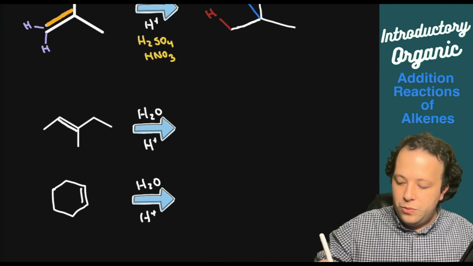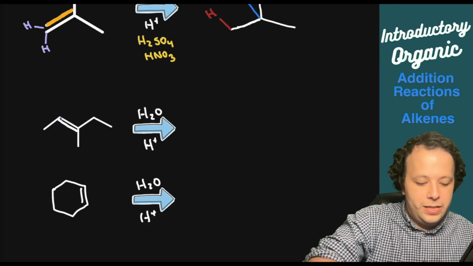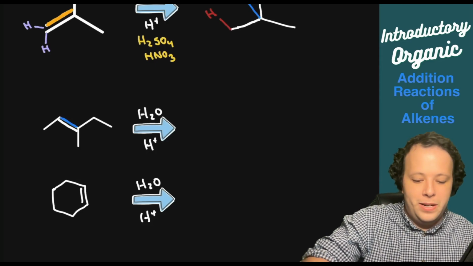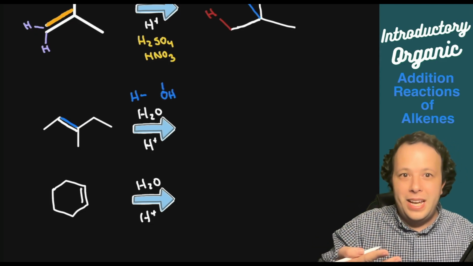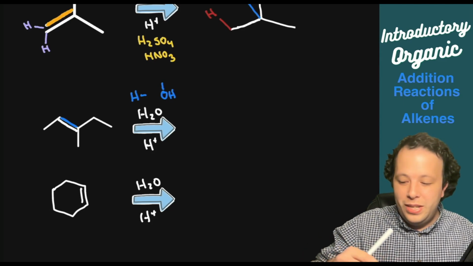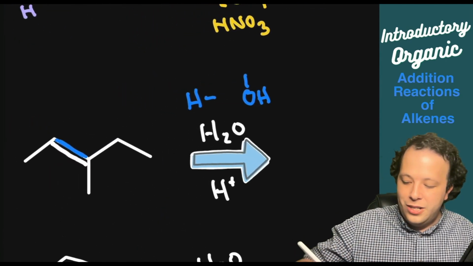Now, with this one, it's the same general idea as the first one here. We are going to be opening up that double bond. We are adding H and OH as our two components that are going to be added. Now, where do they exactly go? Well, we have to look at our structure and count all of our hydrogens.